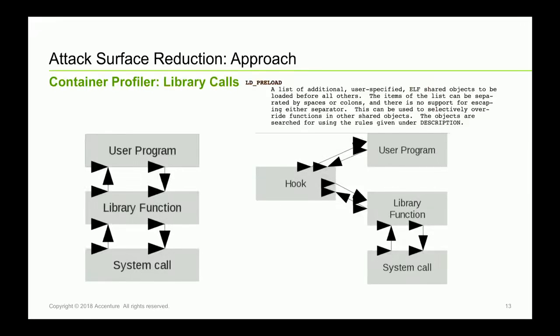And another way we can profile a container is using the library interposition. So library interposition is a very cool technique that allows us to instrument any function in any library.